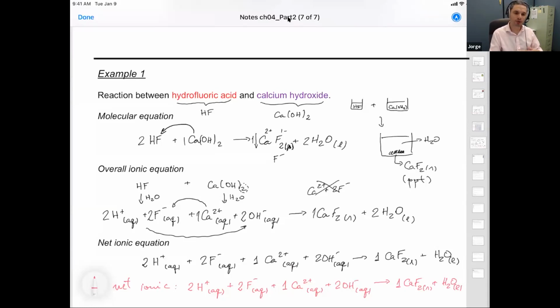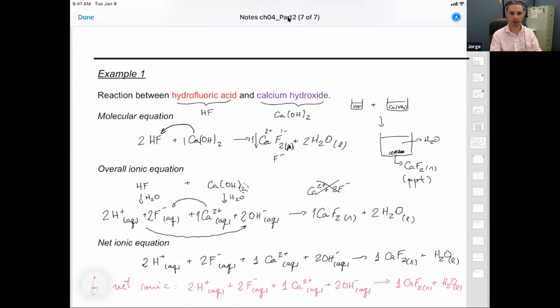All right, so the trick here is to pay attention to the formula of the compounds, pay attention to the balancing, and check if a precipitate is going to be formed or not. So that will have a heavy influence on the overall and net ionic equations.